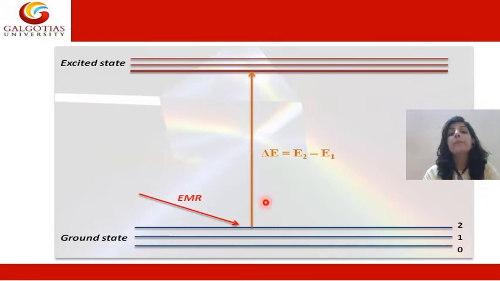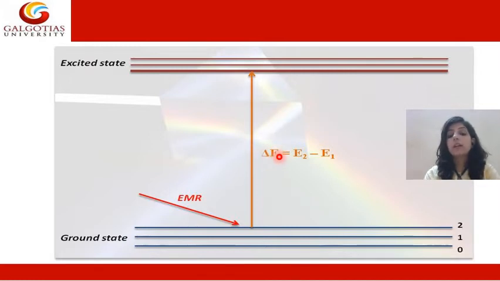state. Now there is a particular criterion, or you can say a requirement, by which this absorption occurs. The requirement is that the energy of your incoming UV visible radiation must match the energy of this delta E. Now what is delta E?